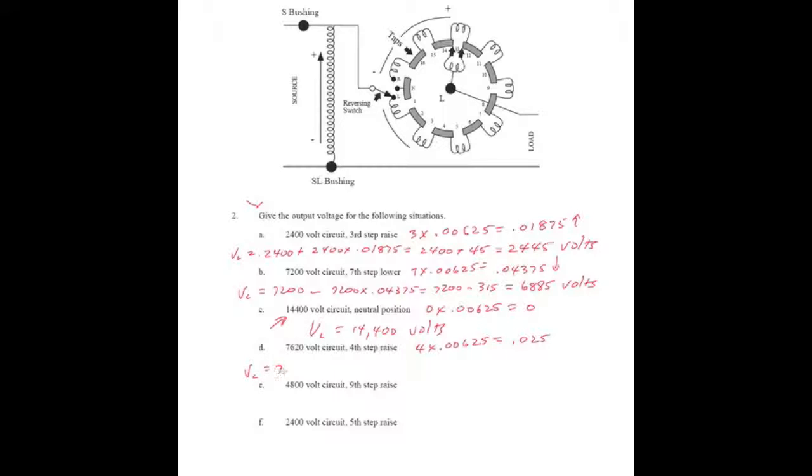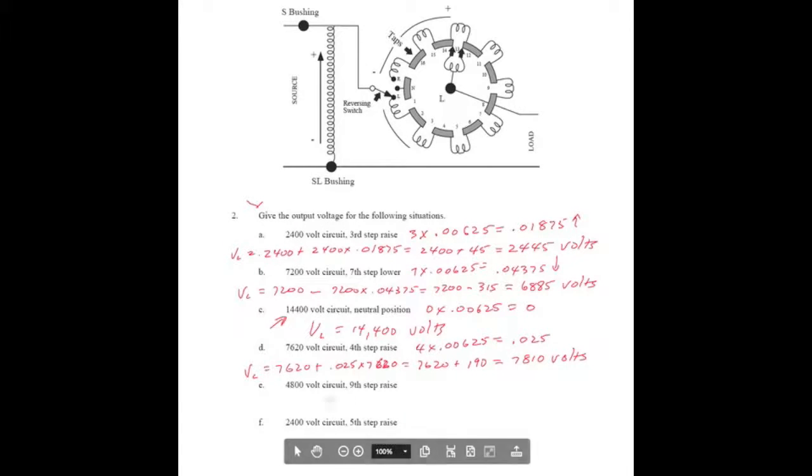VL is going to be 7620 plus, because we're increasing it, 0.025 times 7620, which is 7620 plus 190, for a grand total of 7,810 volts.